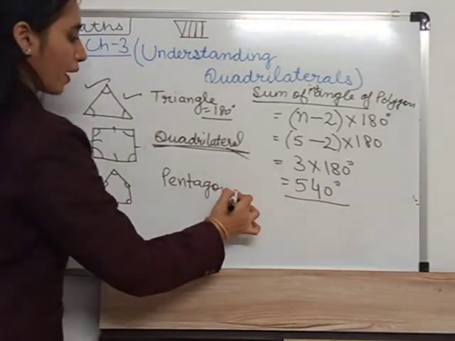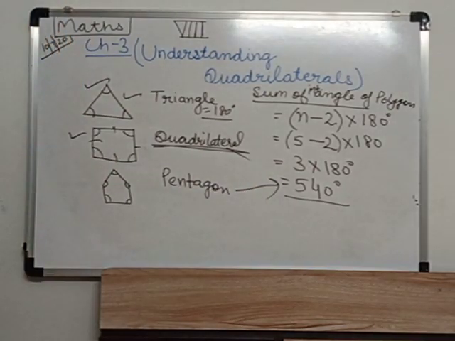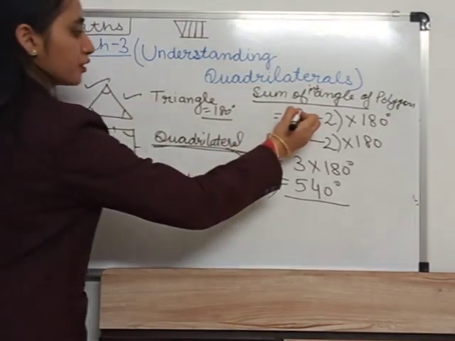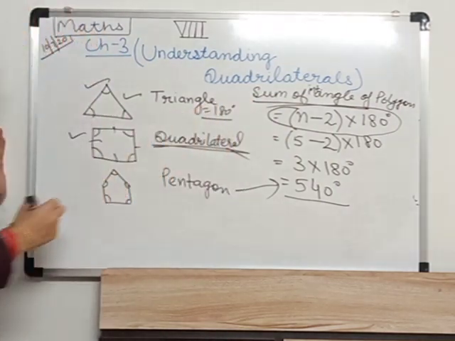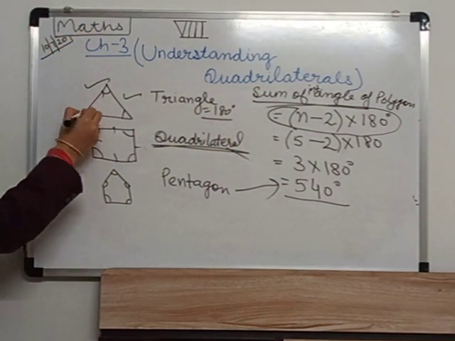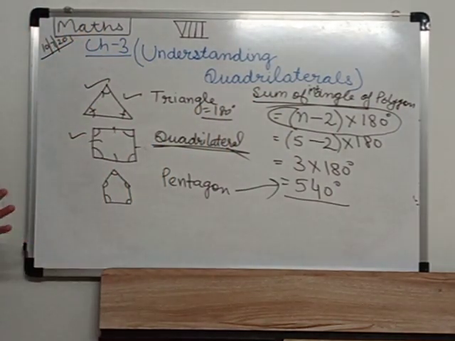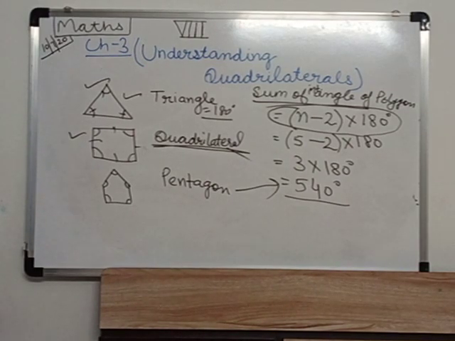Sum of angles of a pentagon is 540 degrees. Like this way, by using this general expression, we can find the sum of interior angles of any polygon. A polygon is a closed curve which is made up of line segments. Okay, understood this expression?